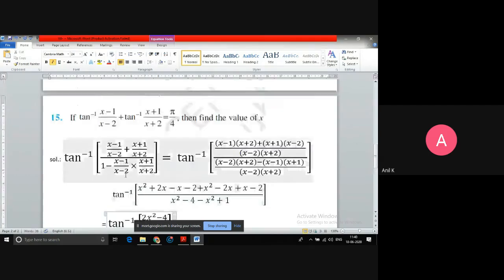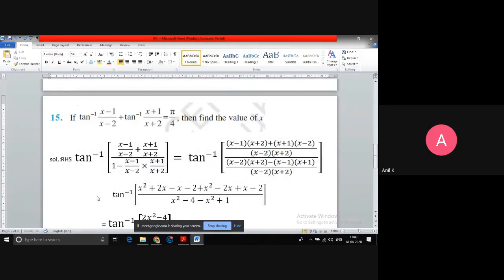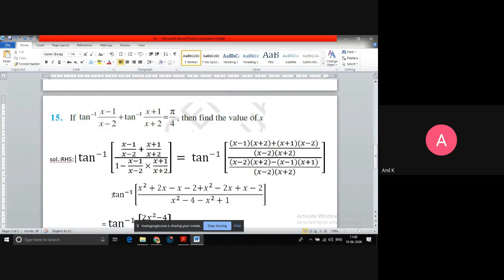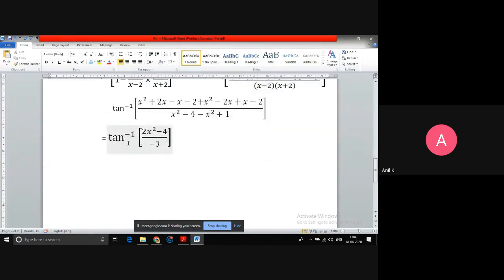Everything I started only with the RHS. I have taken only the RHS. The RHS you got as tan inverse of 2x square minus 4 upon minus 3. Let me copy this same term here in the next line, which is equal to, now what is given in the LHS?